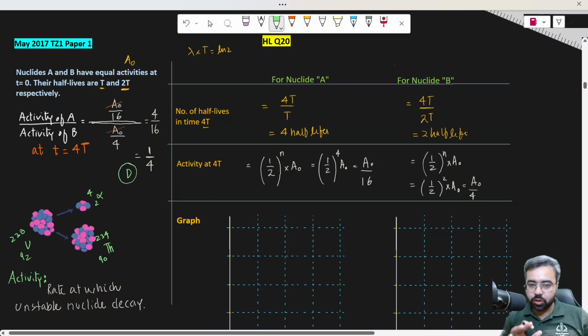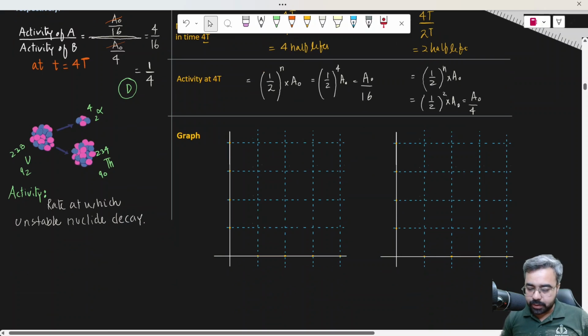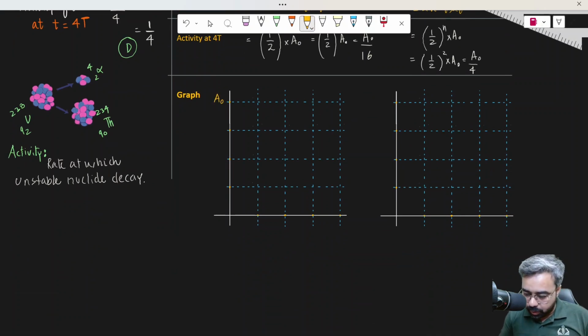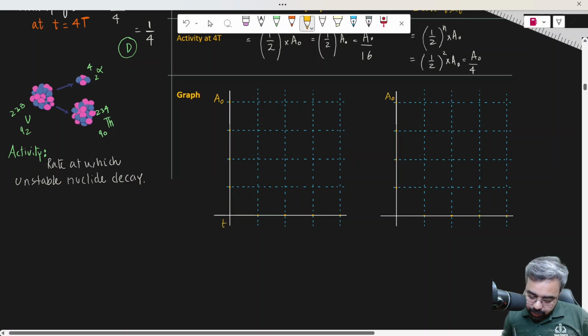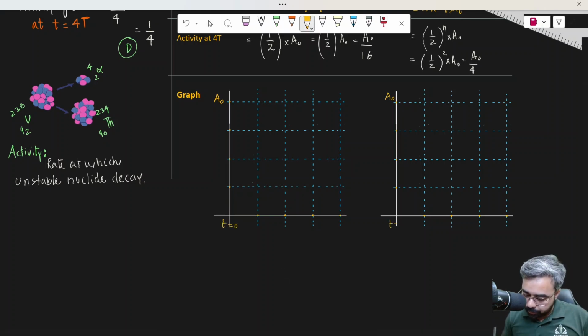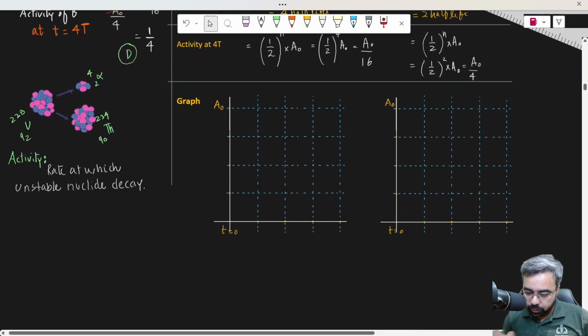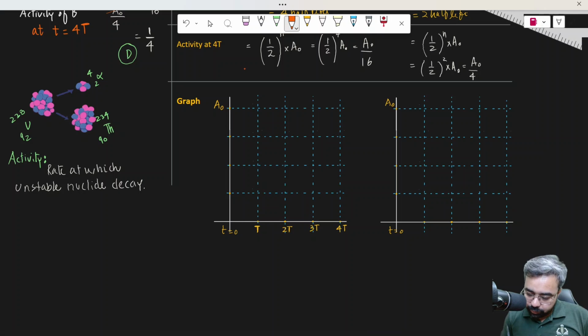Now, please don't skip the video and let us see the second method, which is a graphical method. For both, the activity initially was the same, A0 and A0, at time t equal to 0. For A, since the half life is T, there will be four half lives. After the time T, it should be A0 over 2.